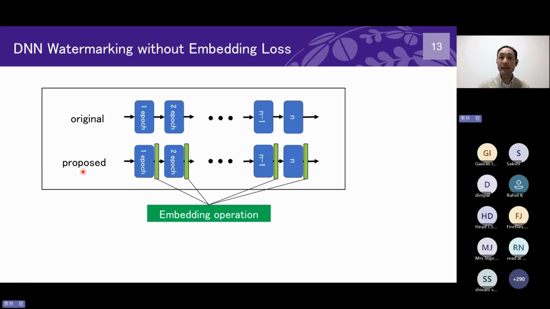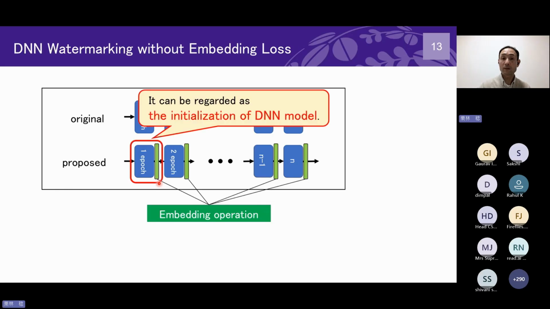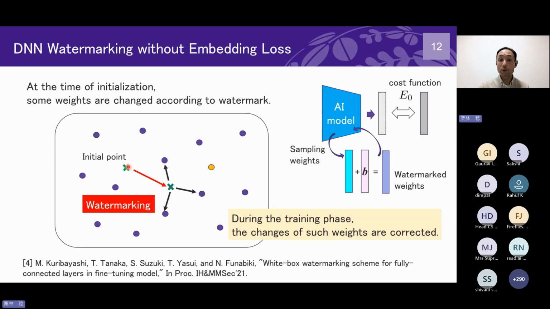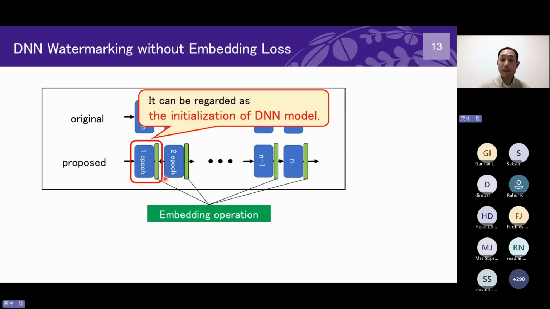But in the case of DNN watermarking without embedding loss, the embedding operation is performed just after every epoch. So in this case, the first epoch can be regarded as the initialization of the DNN model. It means the initial point is moved towards a certain different initial point related to the watermark information.